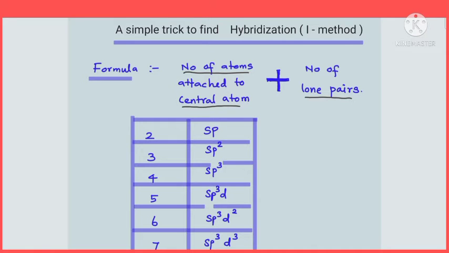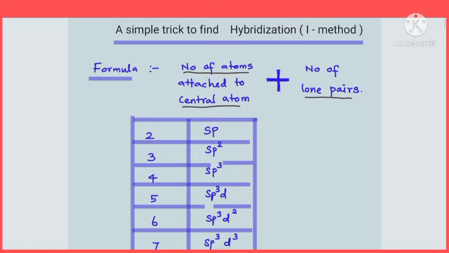Once we know these two, we can find out the nature of hybridization present in the given molecule. To find the number of lone pairs, we need knowledge of valence electrons, group number, etc. If you want to find out the number of lone pairs, just watch my previous video, a simple trick to find the number of lone pairs of electrons.